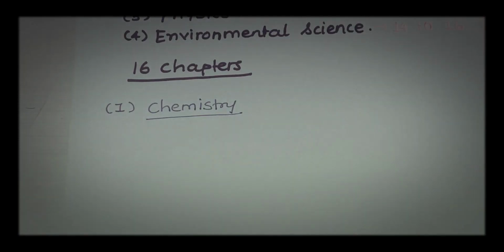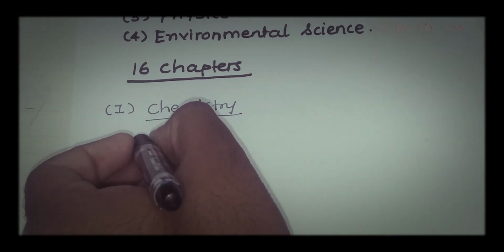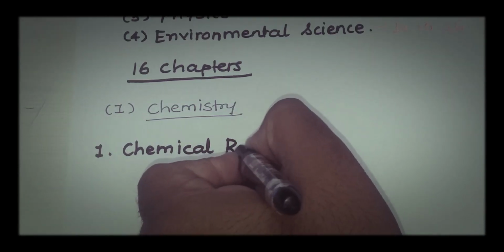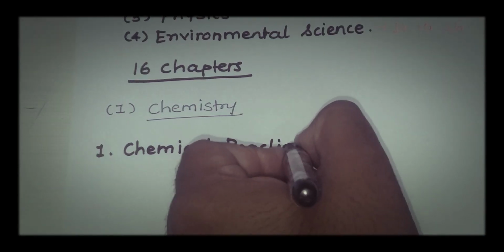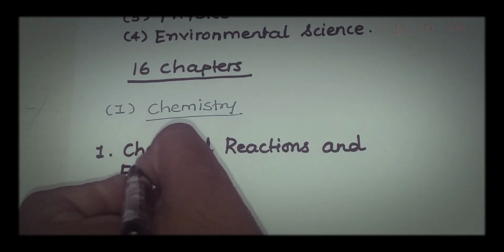So in chemistry there are 5 chapters, and the names are: the first one is chemical reactions and equations.